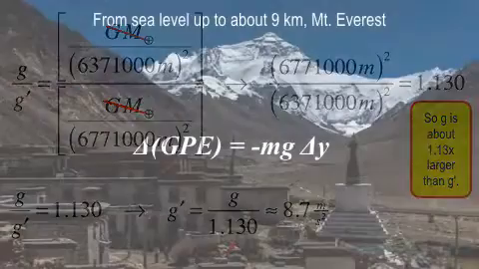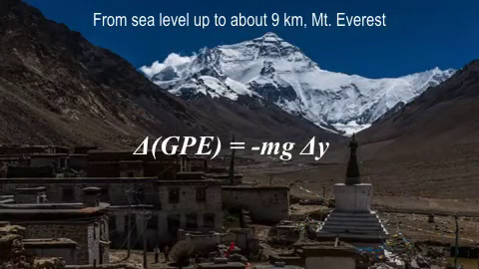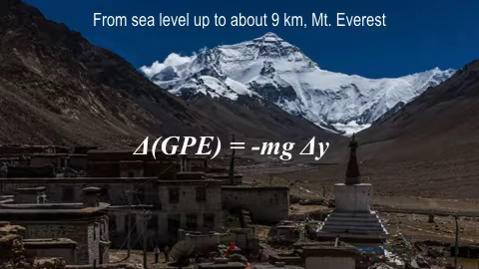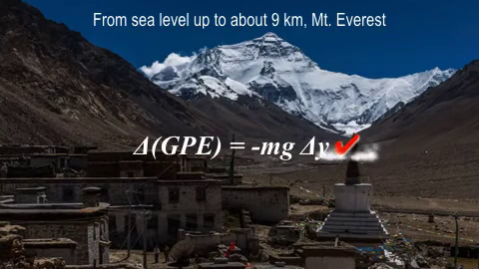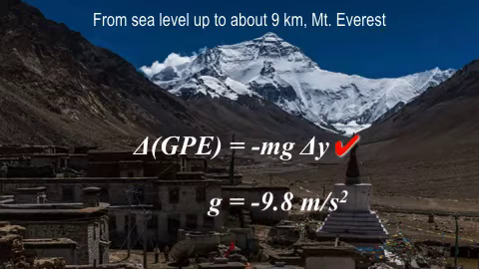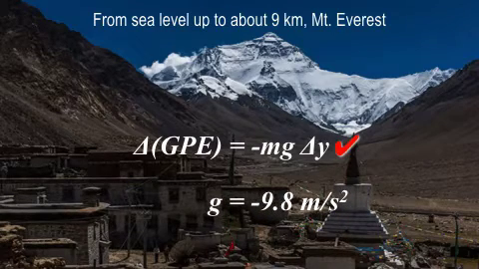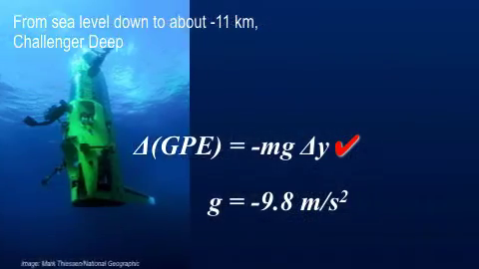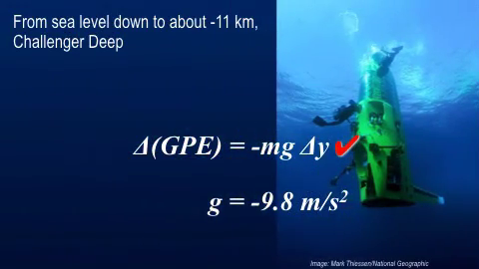So let's just review. From sea level up to about 9 kilometers, delta GPE equals minus mg delta y, nice, works perfectly. Negative 9.8 meters per second squared, lovely. And it works all the way down to the bottom of the Marianas Trench. Although, it's kind of hard to do gravity experiments down there if you're in a little teeny submarine.